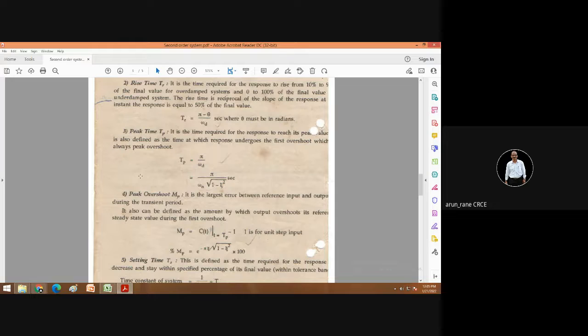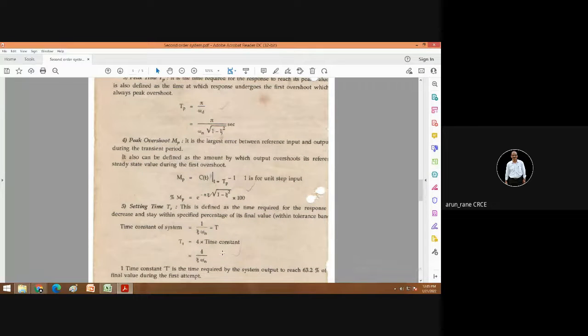And then how to calculate the peak overshoot? MP is given by this relation: C(t) at t equal to Tp minus 1, and percentage of MP is given by this. Then settling time. It is the time required for the response to decrease and to stay within some specified percentage.